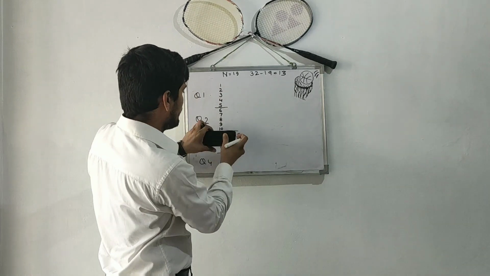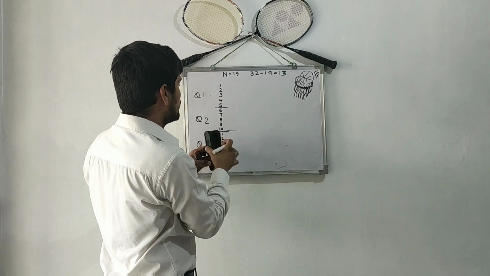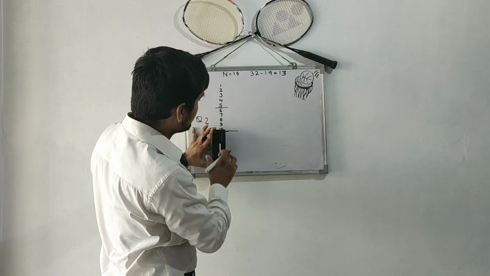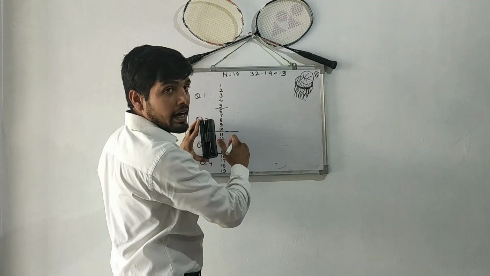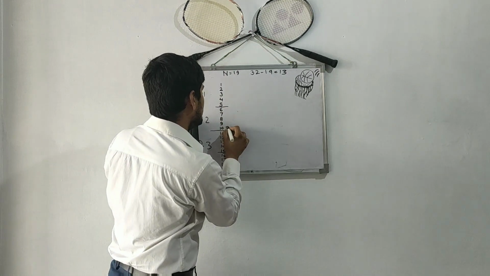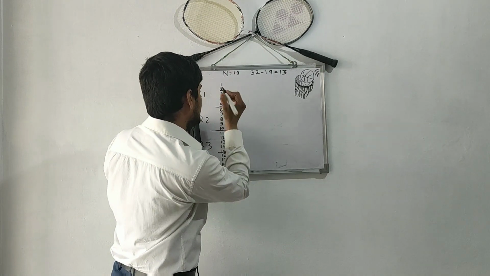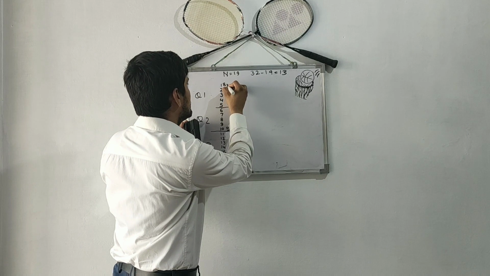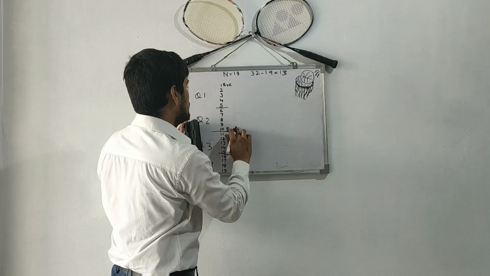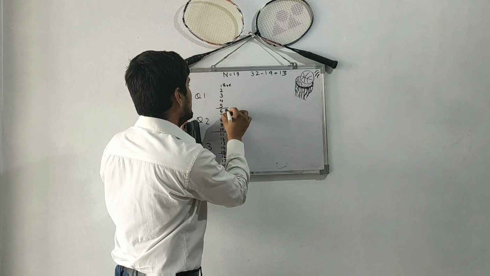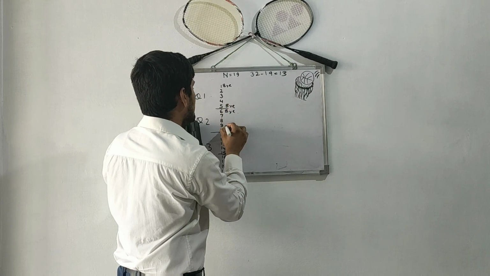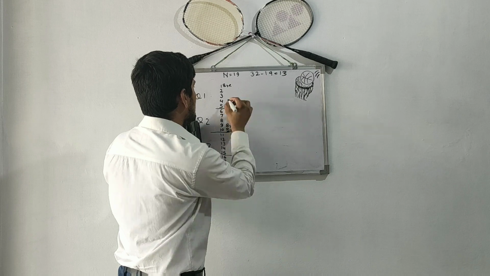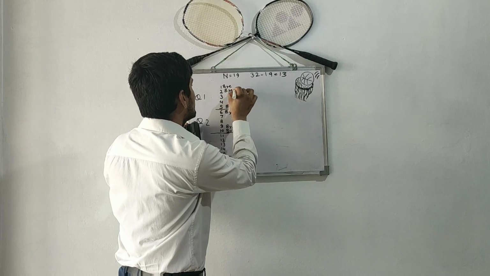I am hiding this so that you understand that at the time of allotment you just need to look at the upper half. So bye 1, bye 2, bye 3, bye 4, bye 5, bye 6.